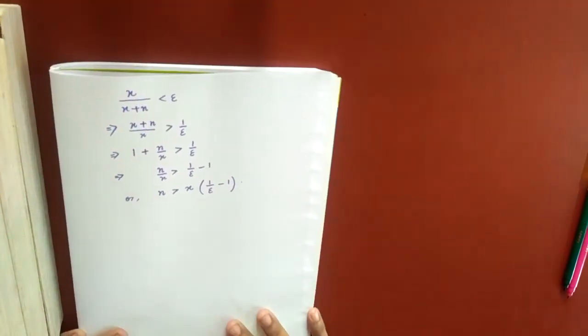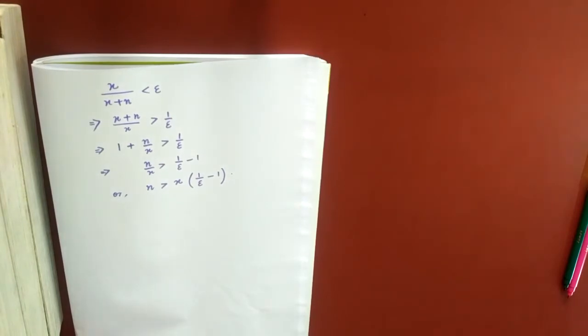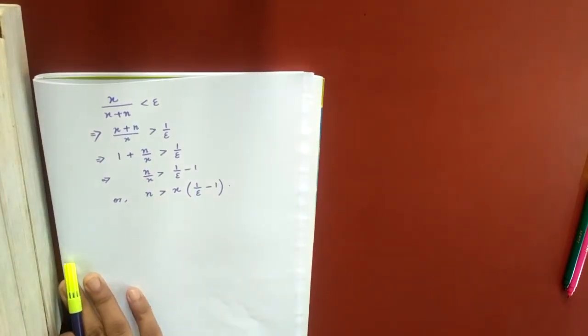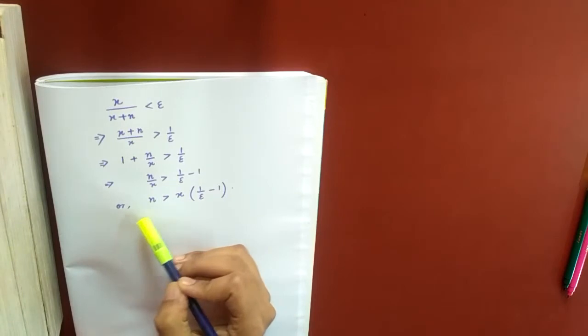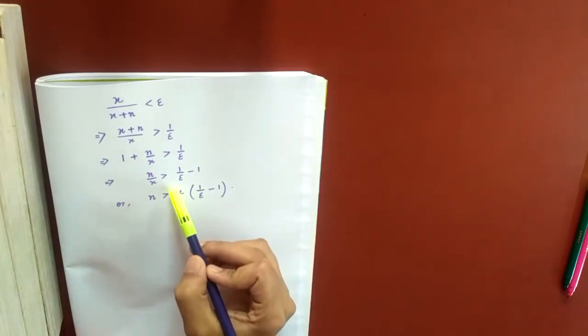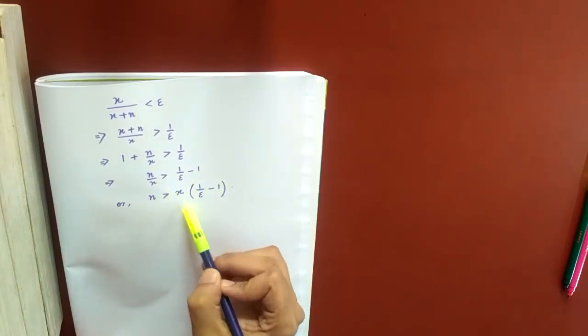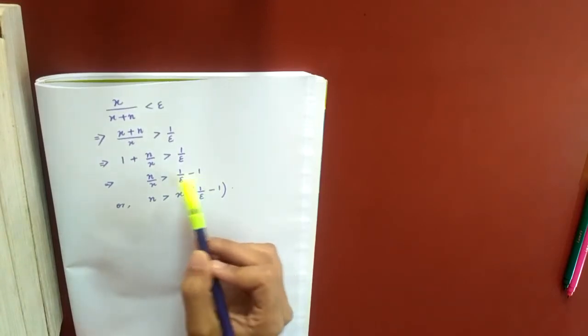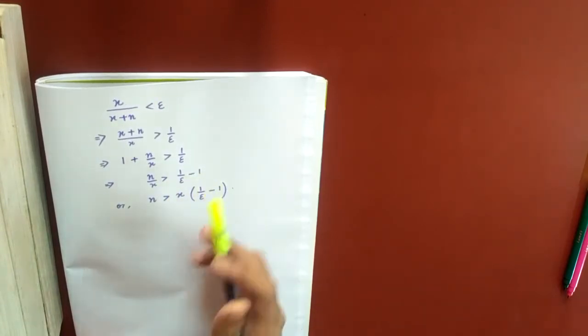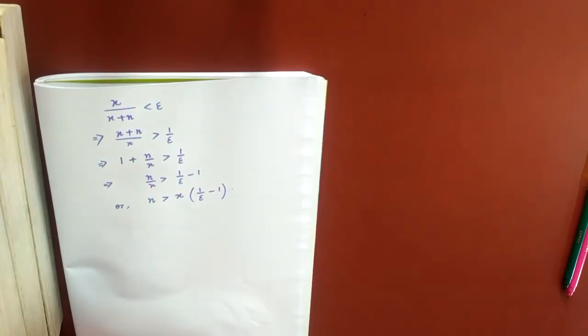See, now if we consider an infinite interval, that means from 0 to infinity or something like that, any interval of infinite length, then as x approaches infinity, this also will approach infinity. So you cannot find a natural number which is greater than this number if the interval is of infinite length.